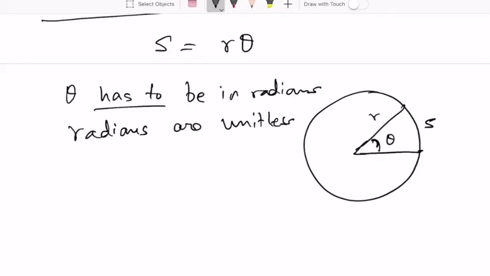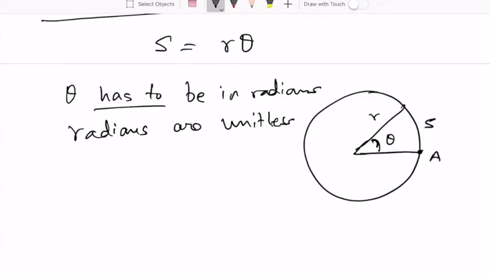So let's look at one example. Suppose this is a circular track. The diagram that I have here is a circular track, and you start at this point A, right? And let's say that the radius of this circle is 3 meters. Okay, so r is 3 meters.